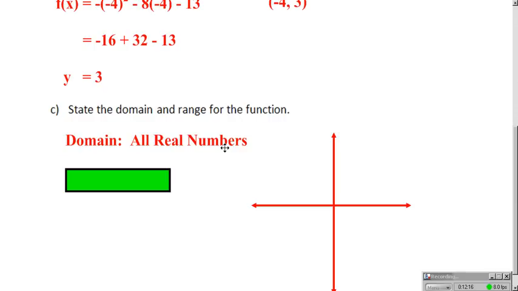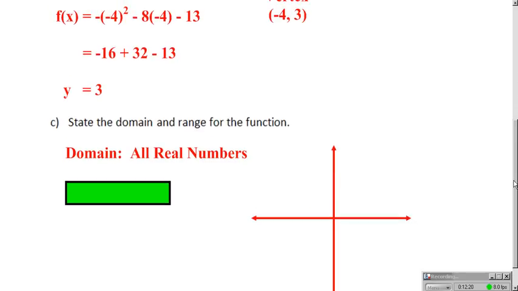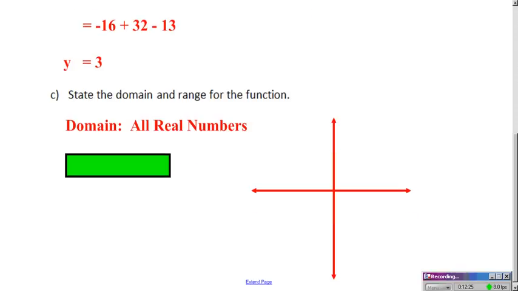It still has all real numbers. We know that your vertex is negative 4, 3. So if I actually plotted that on the graph, it would look like this. Your x value is negative 4, so let's just kind of pretend we're moving over 4 here. 1, 2, 3, 4. Negative 4 up 3. 1, 2, 3.